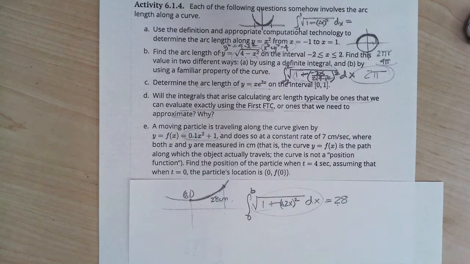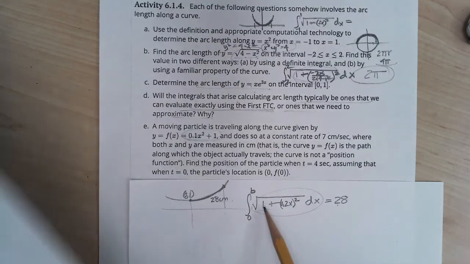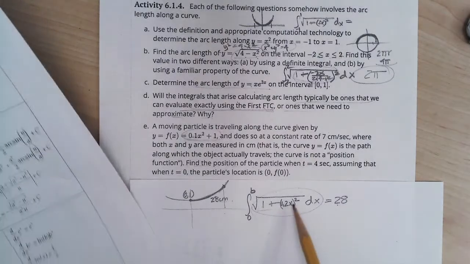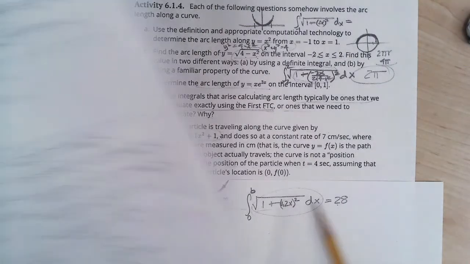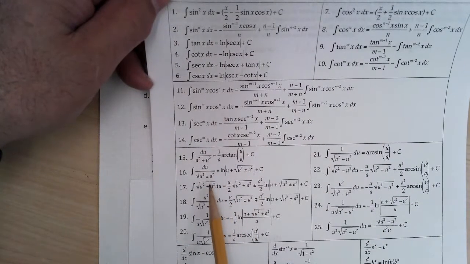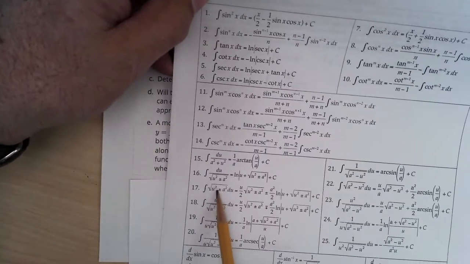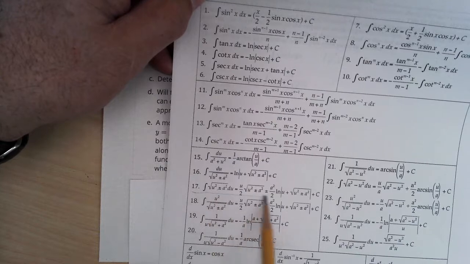So we're going to pull out our tables. Hopefully we'll pull out our tables. Here we go. And try to find something that looks like that. So it's the square root of an a and a variable squared. So it's a square root in the numerator, which looks like 17.